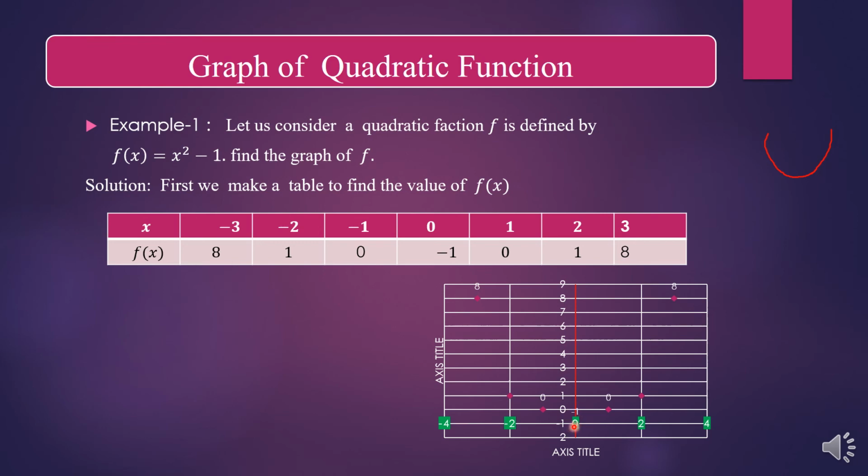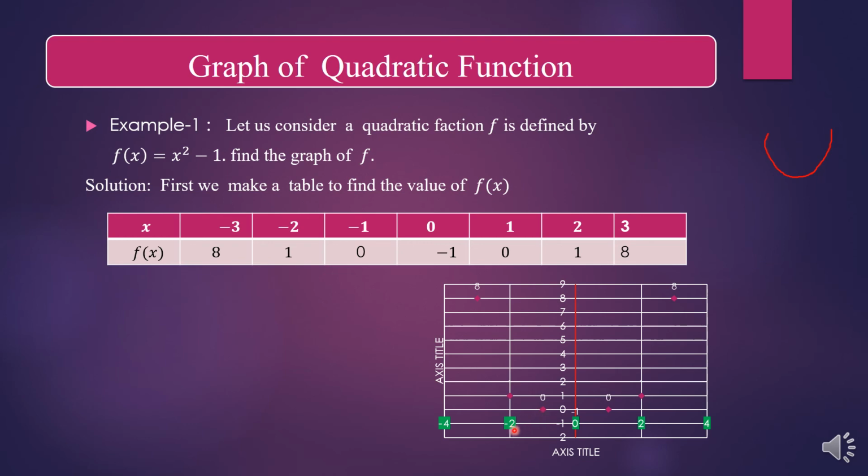When the x value is 0, it gives us minus 1. And when the x value is 1, it gives 0.